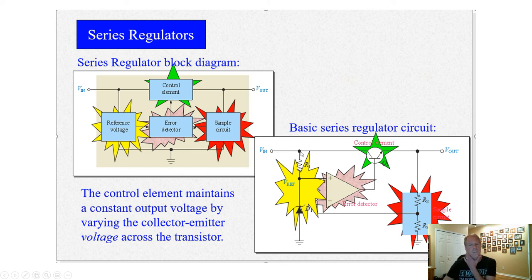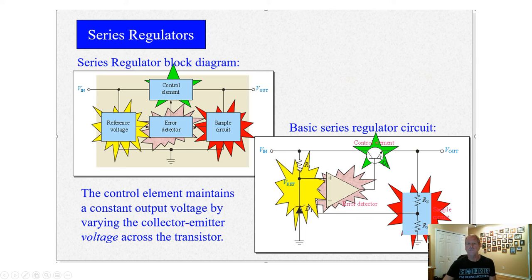So as this input voltage changes, this transistor is going to see that and raise this output a little bit, but it comes back through the feedback, and the feedback of the op-amp says, no, wait a minute, now I'm going to turn this transistor off a little bit to make sure that these two inputs maintain the same voltage. It's the same feedback mechanism that we've always had for these op-amps, for the non-inverting topology.